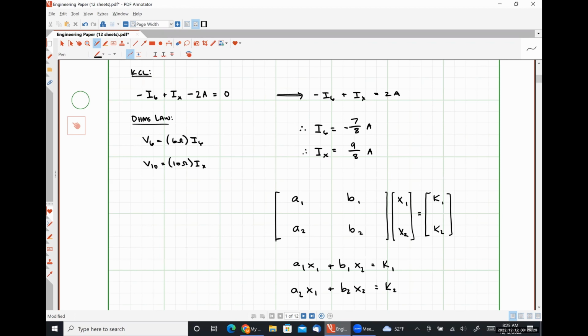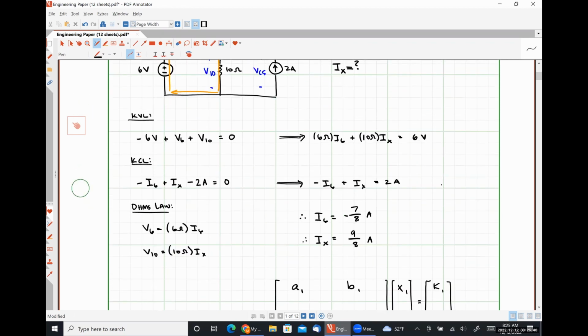So I need my constant terms to be on the right-hand side of the equal sign, and all of my variable terms and their coefficients to be on the left-hand side. That's why I wrote these equations in this exact form, because that's exactly how I'm going to put it in my calculator.